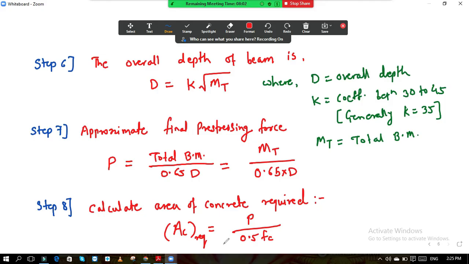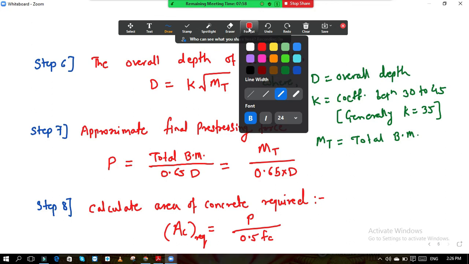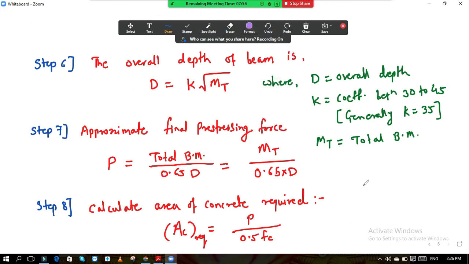So the same formula is there. FC by 2 into A. Last time we have seen this formula. P is equal to what? In the rectangular section, it is fc by 2 into a. Now we want it for a.